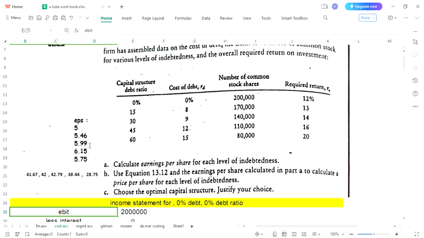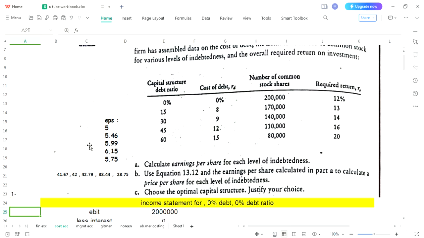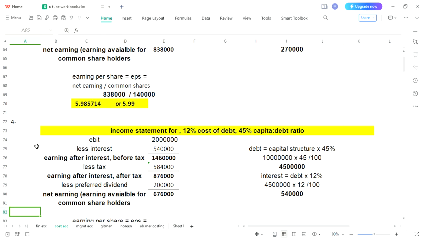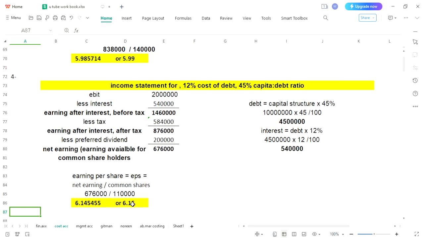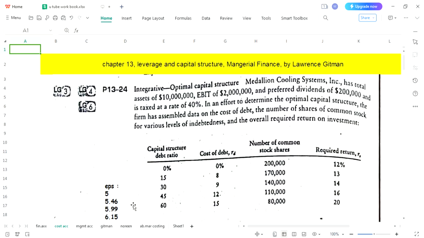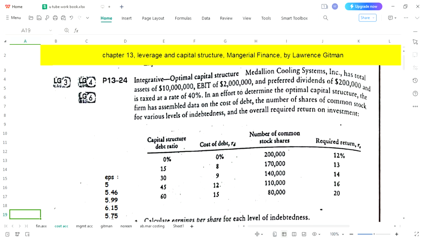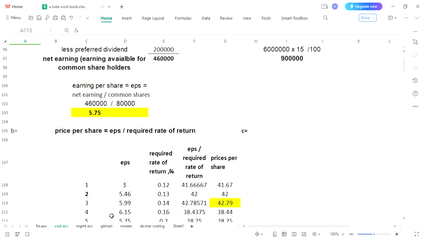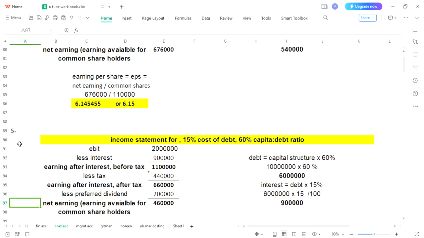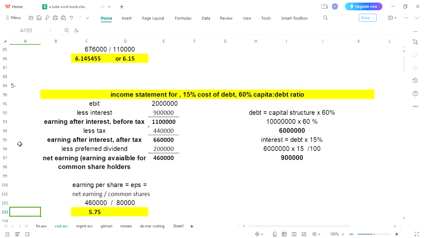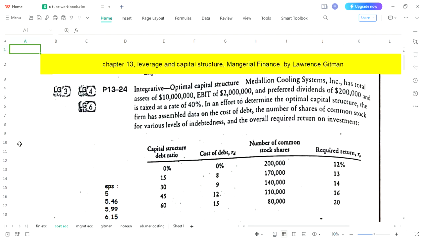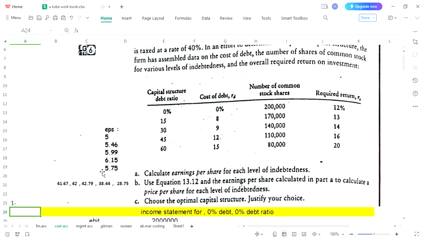And then we need to see our fourth income statement. Here is your fourth income statement, and EPS was calculated 6.15, and here is your 6.15. And then the fifth income statement that was made over here, and EPS was calculated 5.75, and this is your 5.75.